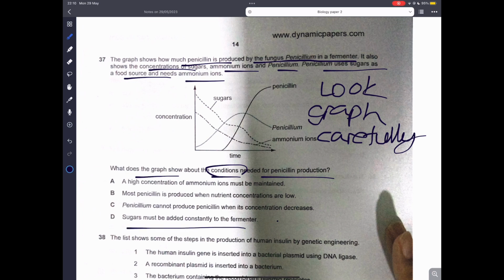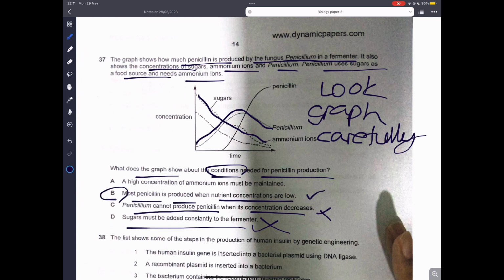Well, as you see from here, sugar must be constantly added. No, that is untrue because the sugar level is going down. Penicillium cannot produce penicillin when its concentration decreases. No. The Penicillium organism is decreasing, but the penicillin is not decreasing, so this is false. Most penicillin is produced when nutrient concentrations are low.